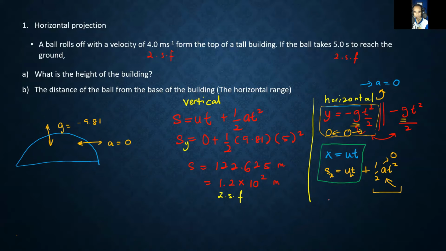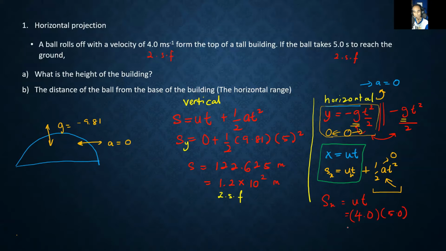So sx equals ut. Initial velocity would be 4 meters per second. And t is time, so time will be 5 seconds, sir.